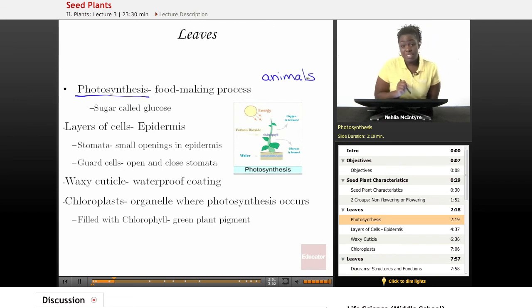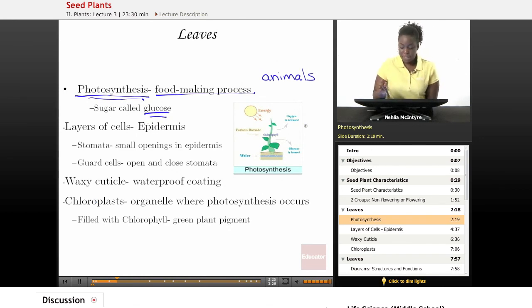So that's why leaves are so important, because they are the place where photosynthesis occurs and helps other organisms along with the plant. Photosynthesis is a food-making process, because ultimately the plant makes its own food, and that food is a sugar called glucose.